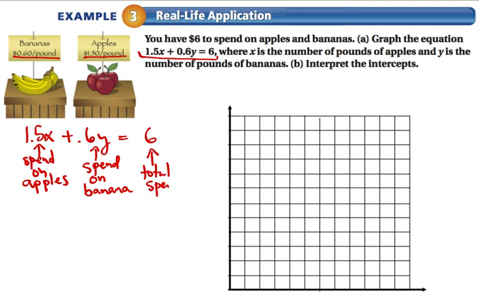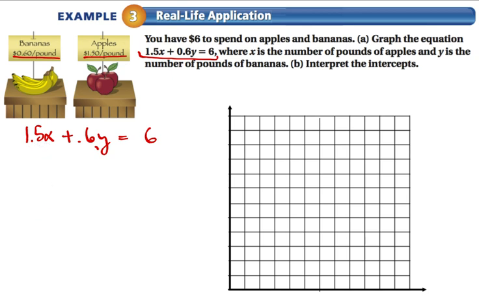And this should make sense. What we spend on apples plus what we spend on bananas will equal the total spent. So that's why that equation is the way it is. And actually, writing an equation in standard form is sometimes the easiest way to do it. Like here where we're buying multiple things with different prices.